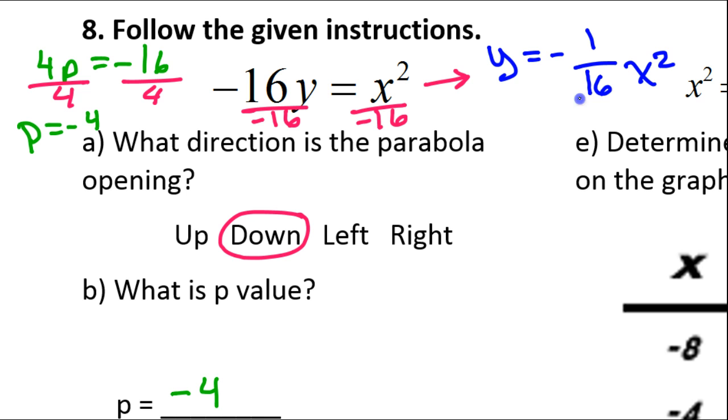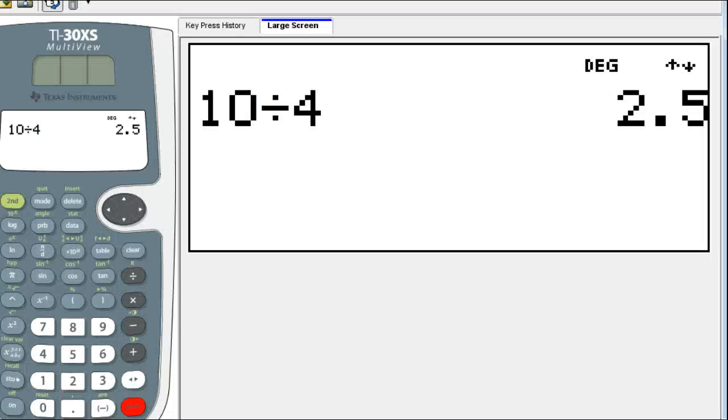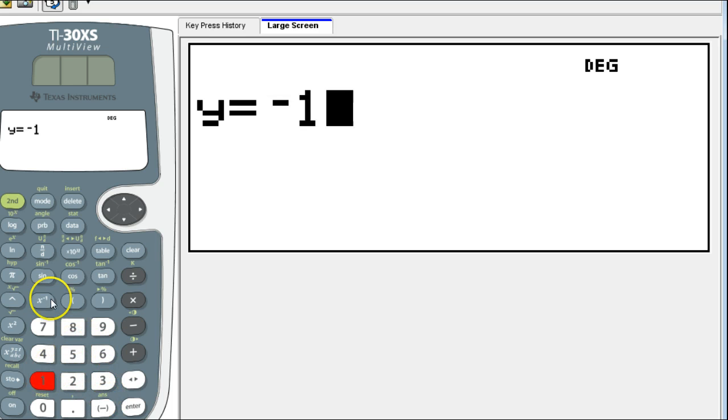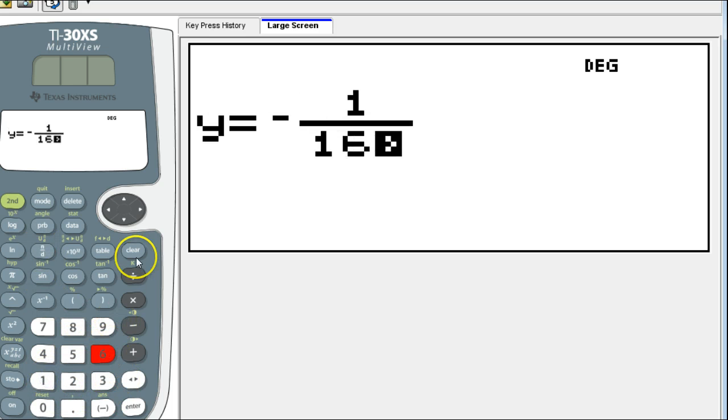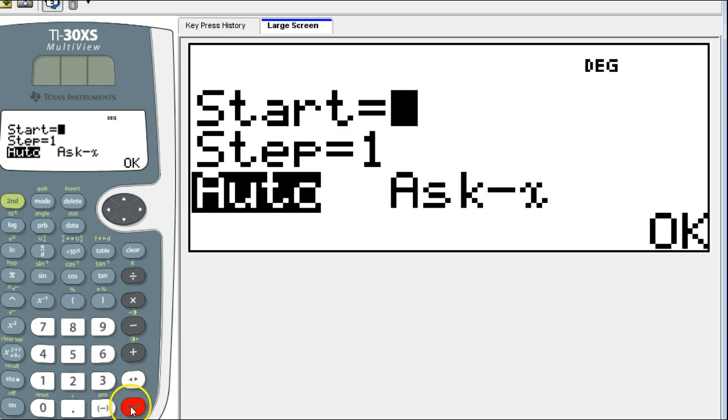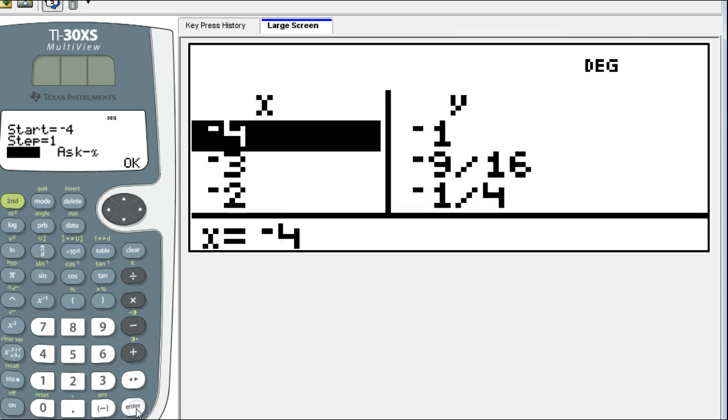So this is what I'll put in my calculator. So use your table feature. So negative 1/16 x squared. All right, we want to know what's happening at, for example, negative 4. So at negative 4, we have negative 1.